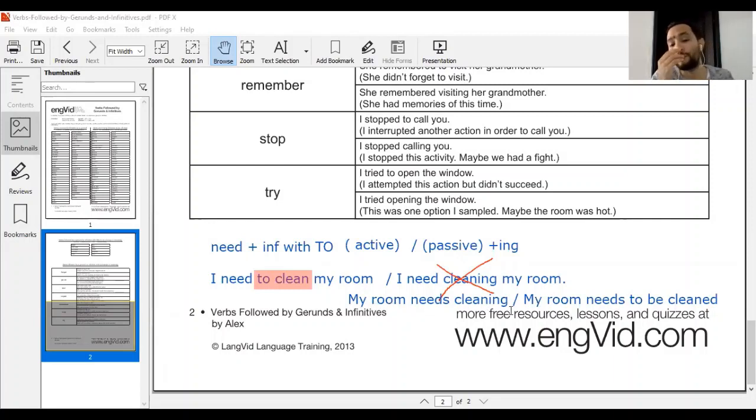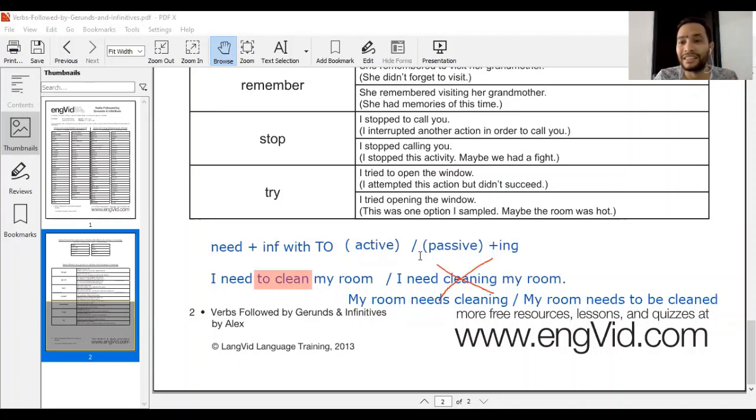So, cuando tenemos una forma pasiva, sí es posible que el verbo need se use con ing, pero solamente en esta situación. Si ustedes no tienen esta situación o no quieren usarla, ¿qué tienen que usar entonces? Tienen que usar la manera normal, que sería la manera activa: to clean, con infinitivo, con to.